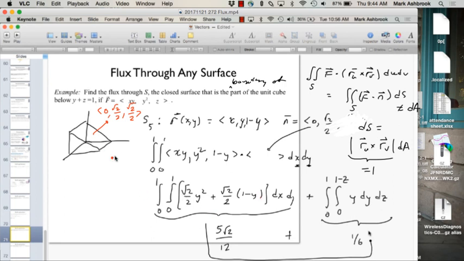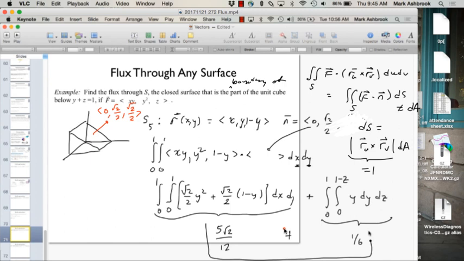So the only two that had a positive flux were the angled plane, and which one was this? 0 to 1 minus z, 0 to 1, y. Is that the front? Okay, so the front we were fine, but this angled plane is going to be different.